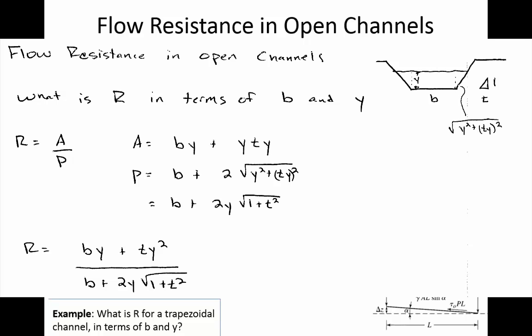But then these sides, it's going to be the square root of y squared plus ty squared. Because y is the vertical component, ty, or yt, depending on what order you write it in, that's the horizontal component of the triangle. So this distance is the square root of the sum of the squares.